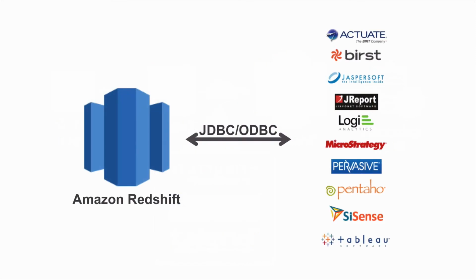Once you've got your data in your warehouse, as we've already said, Redshift provides industry standard JDBC or ODBC connectivity, and you have a wide variety of BI and analysis tools that you can use with Redshift as a result of that standards-based approach. You can see just a small selection of those shown on the slide here.